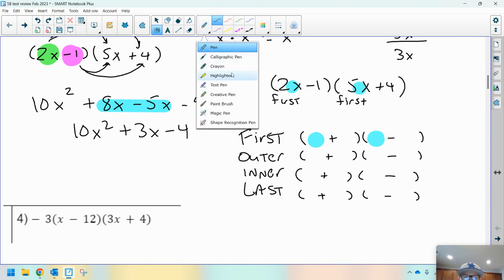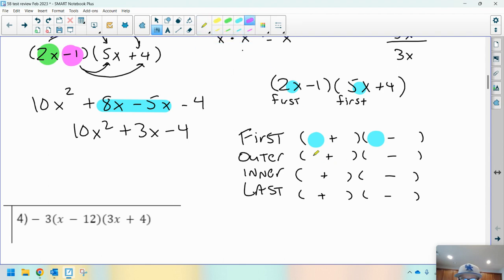The outer is going to be the outsides, these two. So the outer would be the 2x and the 4. Those are the outer. And then the inner are going to be the opposites of the outer. They're going to be here on the inside. Those are inners.